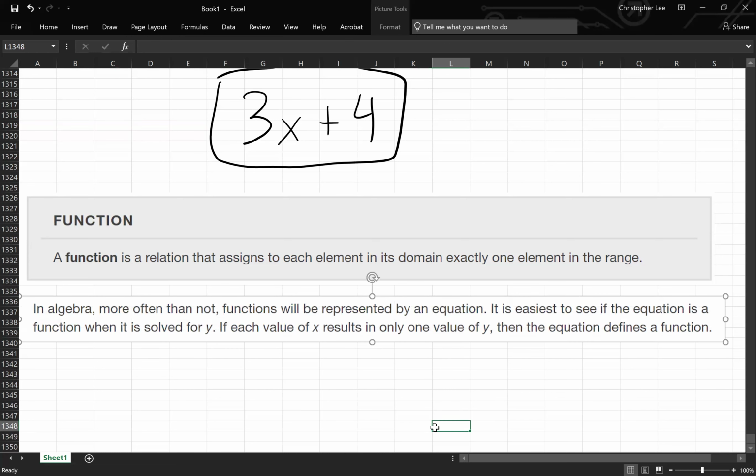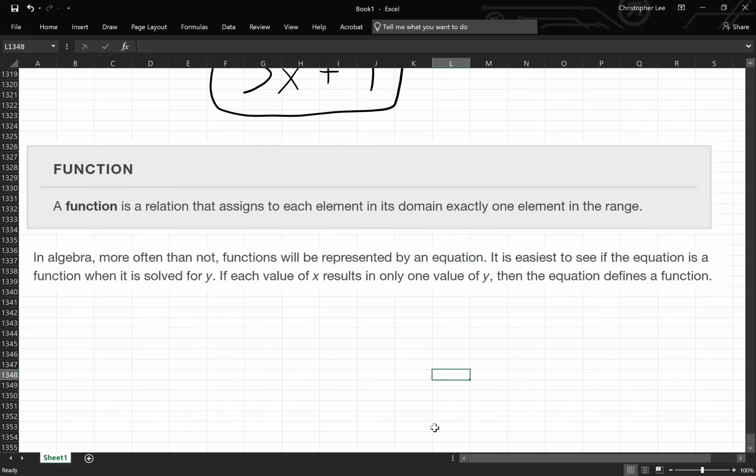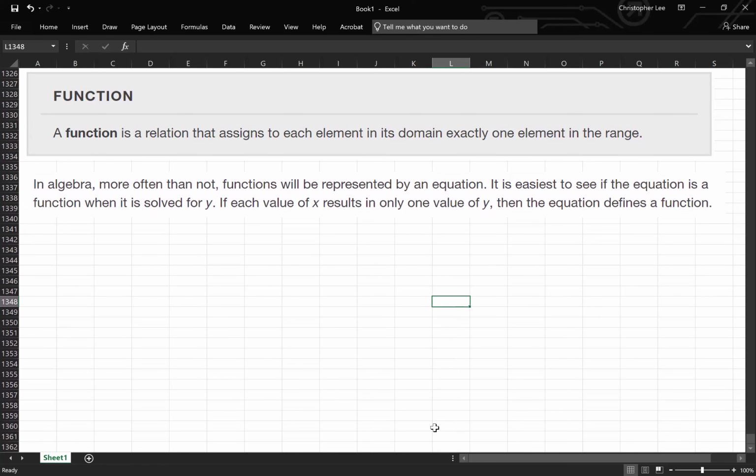So in algebra, more often than not, functions will be represented by an equation. It is easiest to see if the equation is a function when it is solved for y. If each value of x results in only one value of y, then the equation defines a function. Blah, blah, blah.